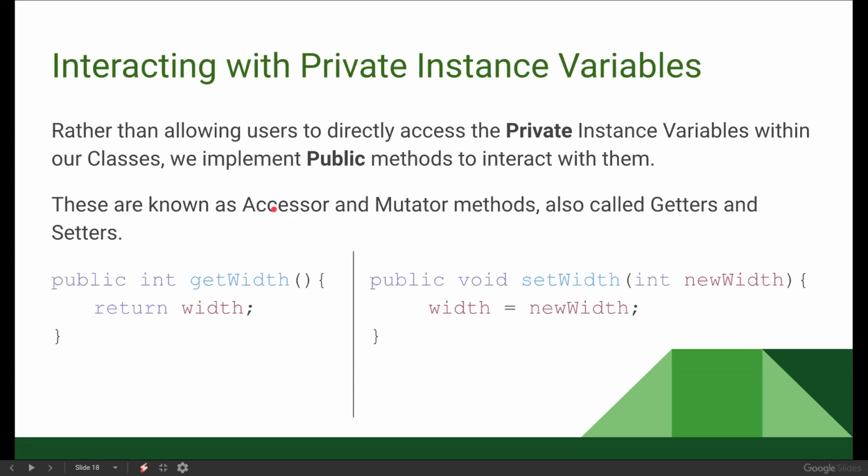Accessors, or getters, are how we're going to get the value of our private instance variables, and our mutators, or setters, are how we're going to change the values within our instance variables. And we're going to go more in depth on those two types of methods later in this unit.